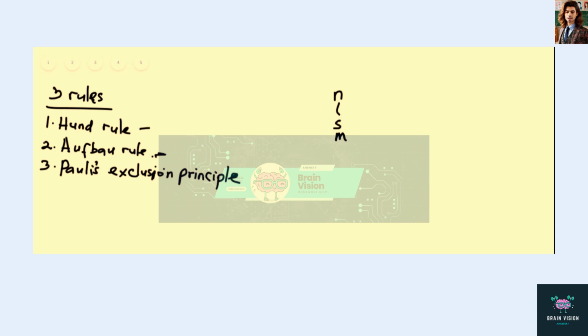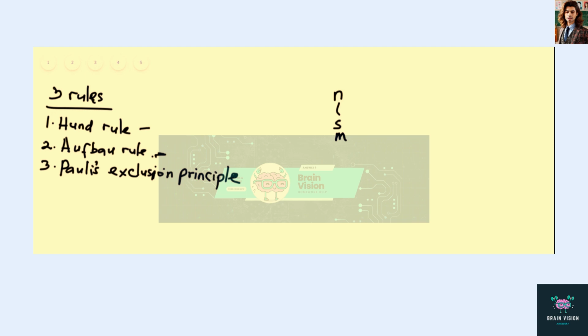L describes the orbit or the orbital angular momentum or the orbital. S describes the spin, and M describes the multiplicity or the orientation of the electron. Let me just put multiplicity out. That's something else for another topic for discussion.